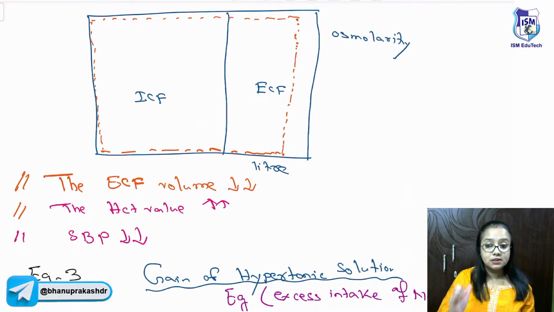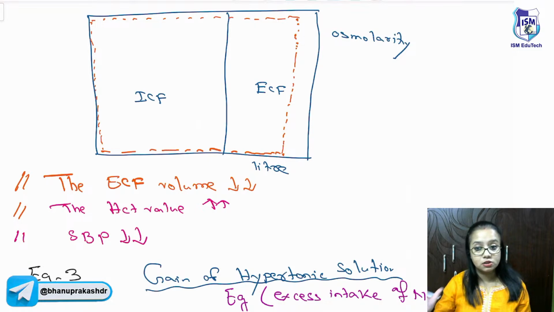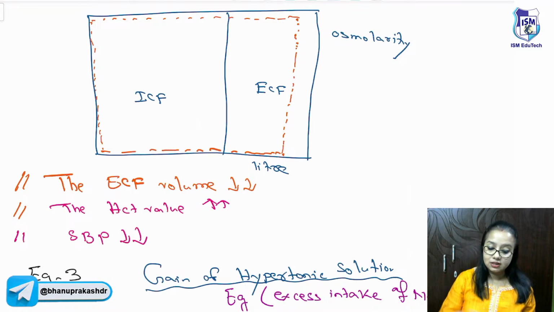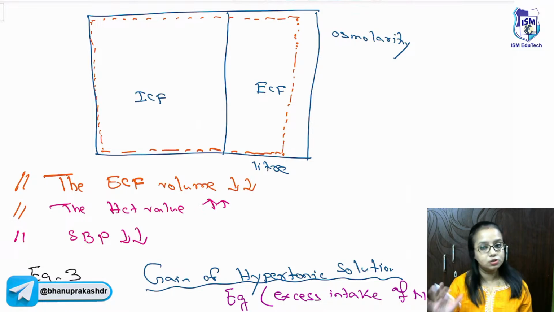But since it is not hypertonic or hypotonic, the osmolarity is the same in the ICF and ECF. There is no movement of fluid from ICF to ECF or ECF to ICF. So only the volume decreases, and blood volume shrinks. If the blood volume shrinks, the water content in the plasma is less and the RBCs are more. So the hematocrit value becomes more, and since the blood volume has decreased, the blood pressure also decreases.